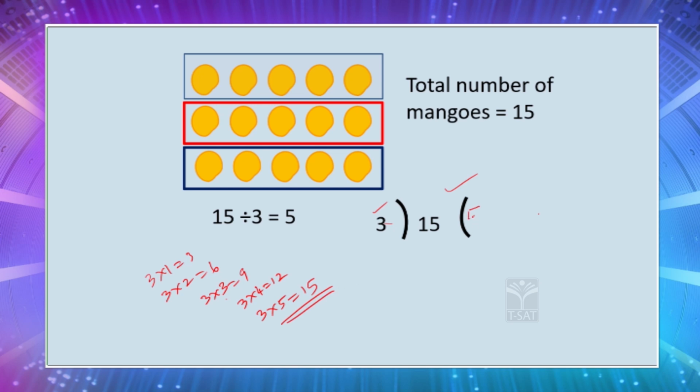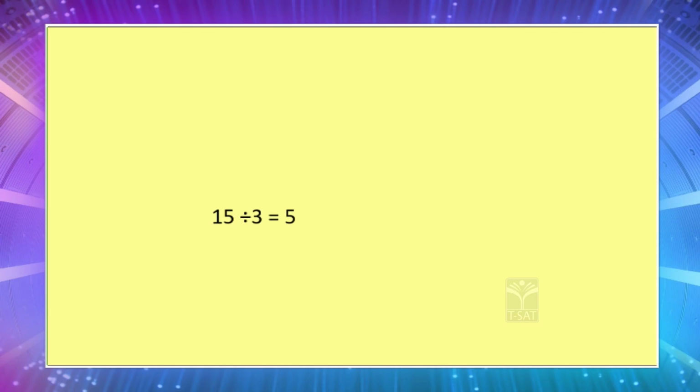So 3 fives are 15. You subtract 15 from 15, we get 0. See here. And then 15 divided by 3 is equal to 5. Observe carefully here. 3 and 15 and 5 and 0 are in different places.